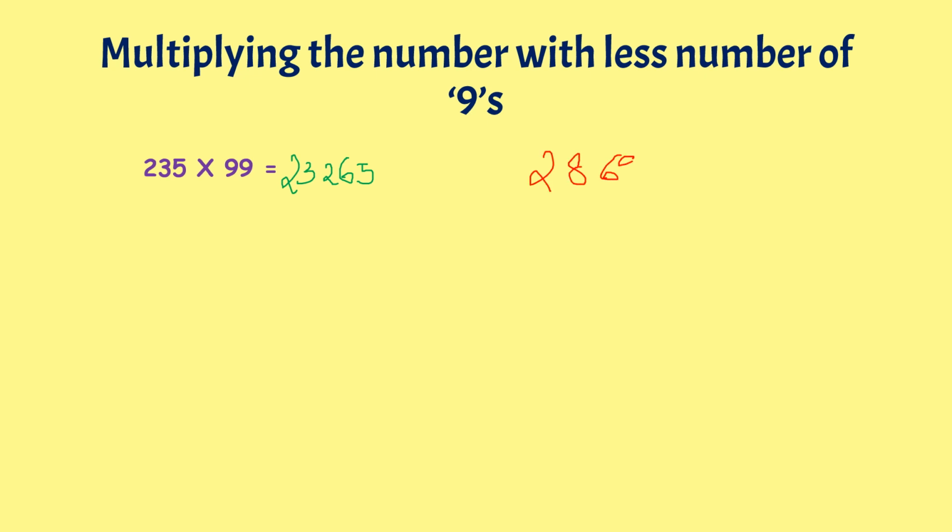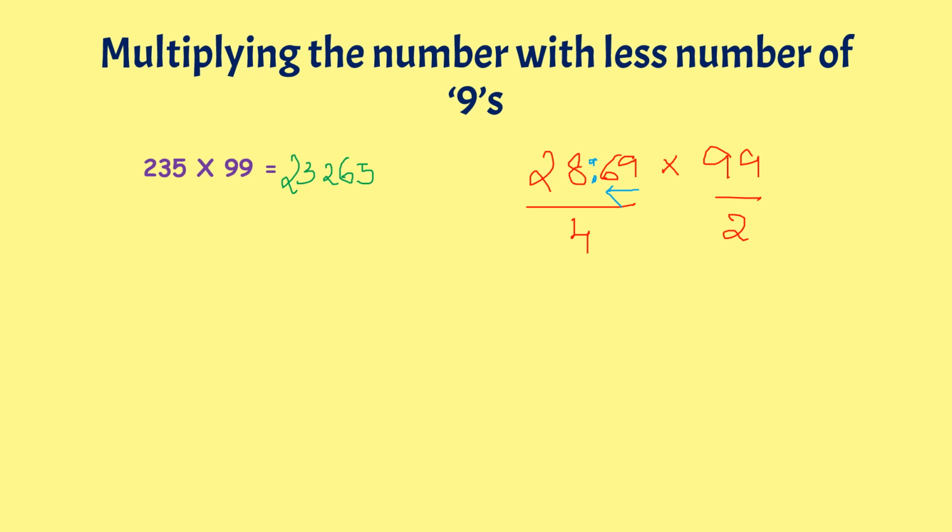2869 into 99. Here 4 digits are there, and here 2 digits are there. As I have told you before, we are going to separate this number. I am keeping a colon before the 2 digits from the right side.